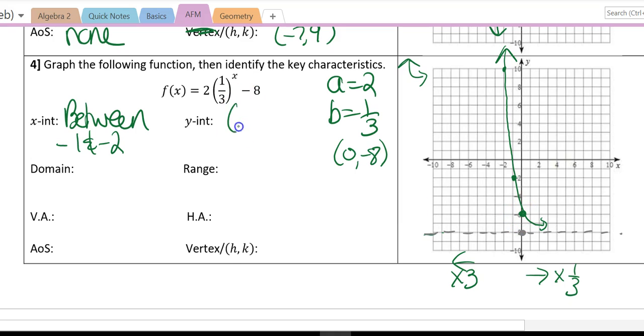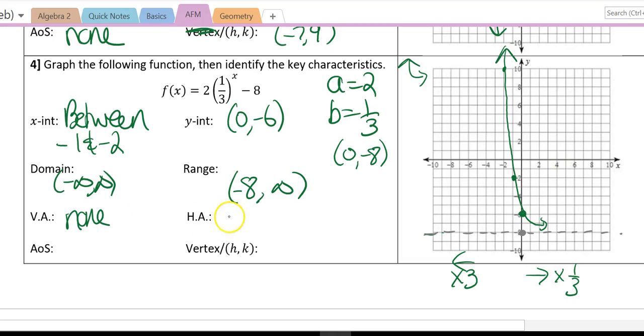Right here, so it's going to be 0 and -6. Domain is all real numbers. The range is from -infinity, that's not true. It's from -8 to infinity. No vertical asymptotes, horizontal asymptote at y equals -8. The HK is 0, -8, and then there's no axis of symmetry.